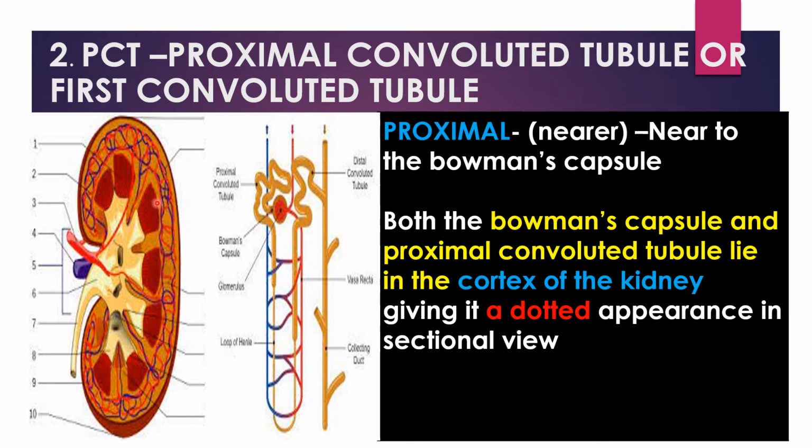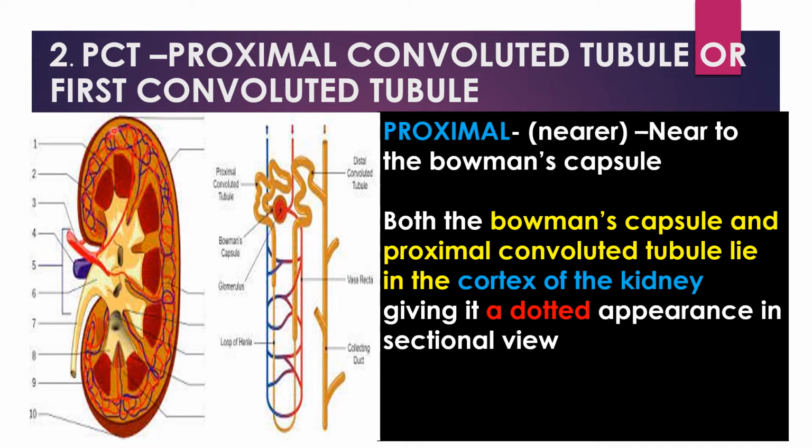Because of this PCT and Bowman's capsule, the cortex of the kidney gives a dotted appearance in the sectional view. In the sectional view, it appears like dots.